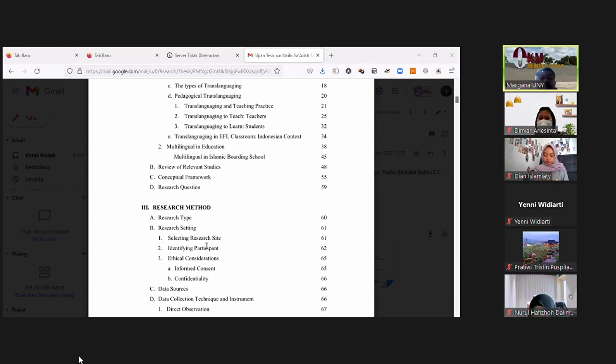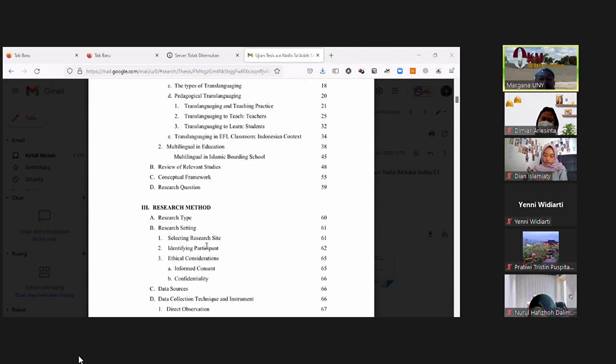Then the next one is research method, types of the research, whether it is categorized as quantitative research, qualitative research, the collaboration between qualitative research and quantitative research, case study, etc. So you have to write down there.